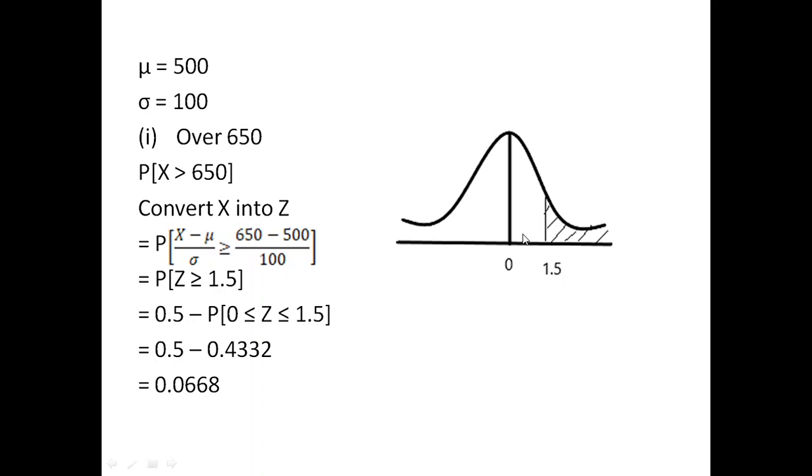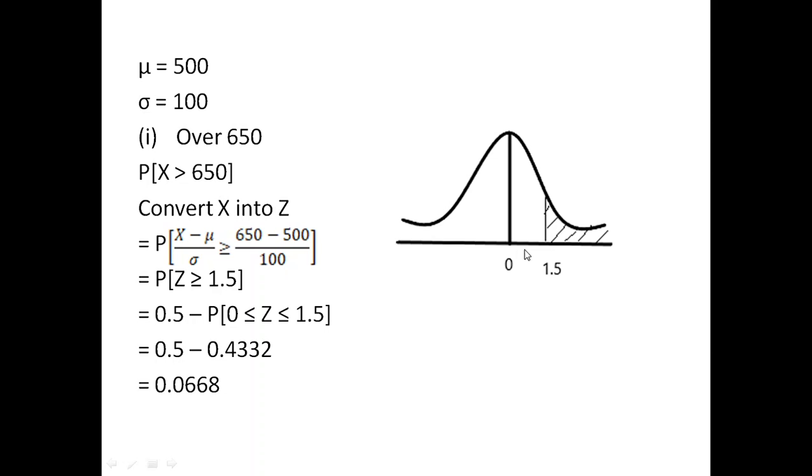And the table just gives us values from 0 to a certain value, not up to infinity. So then how will we calculate? We know, and I have told you before, that the half area to the left and half area to the right of the mean is equal to 0.5. So here I have written 0.5.